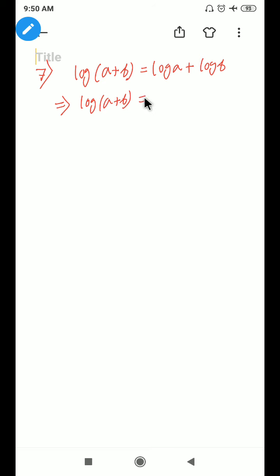Log a plus log b means it will be log ab. So both sides log will cancel out, so a plus b is equal to ab.